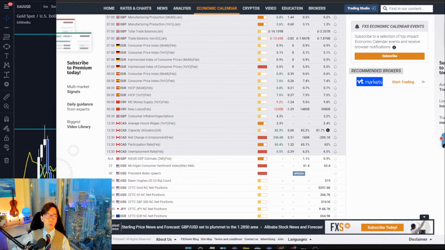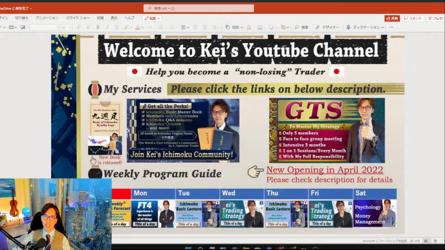And that is the most important part of trading. And that's why I say, help you become a non-losing trader, because becoming non-losing will be the first step to actually become a profitable trader. Unless you become non-losing, you won't be profitable.